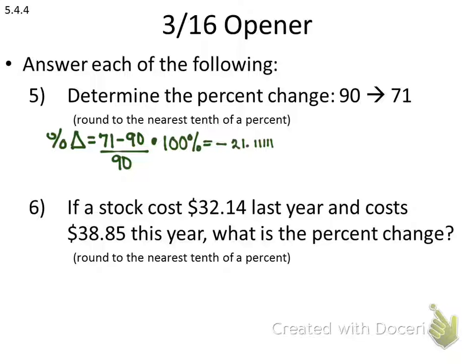So how many spots behind the decimal is the tenths place value? One spot. I look to the right. Is that 5 or greater? Nope, it's going to stay the same. So my answer is going to be negative 21.1%. Good, Dylan. And box it.